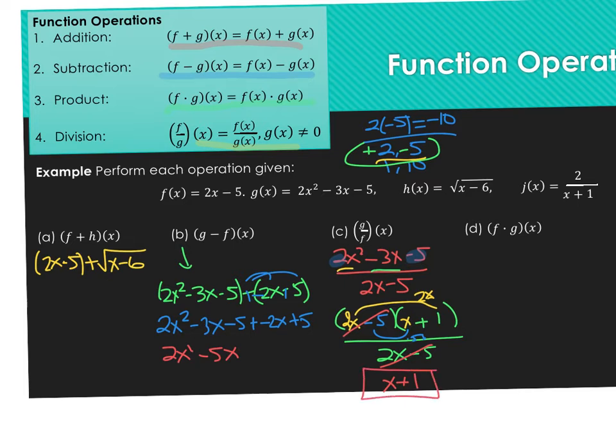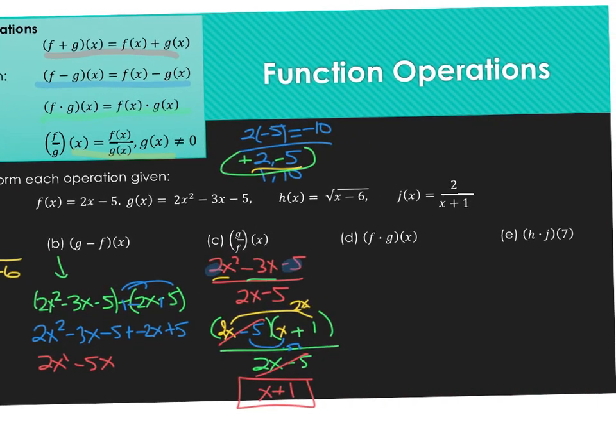And that's it. If we look at D, we're going to do f times g of x. So we'll have 2x minus 5, and then g, which is 2x squared minus 3x minus 5, and then we distribute. 2x times 2x squared would be 4x to the third power. 2x times negative 3x is negative 6x squared.